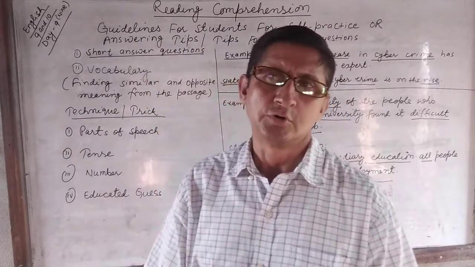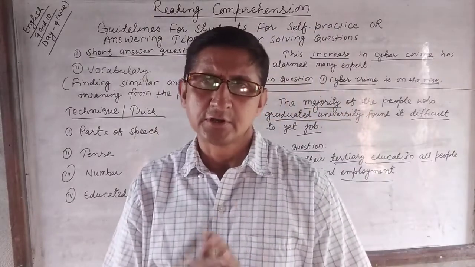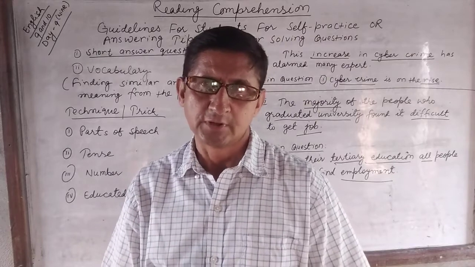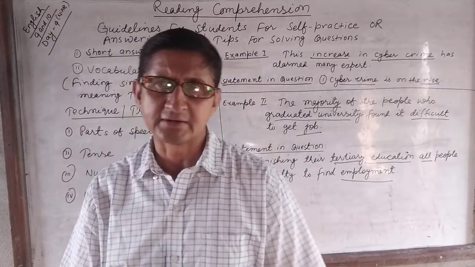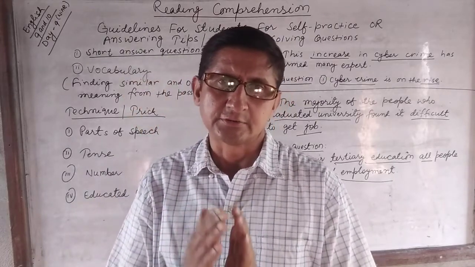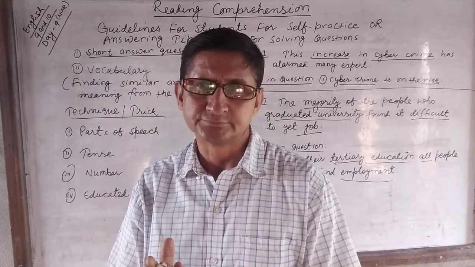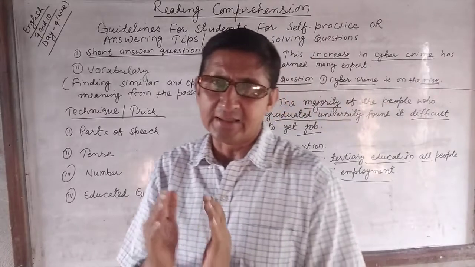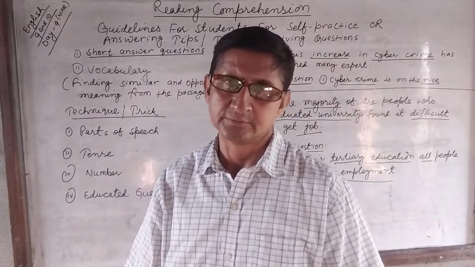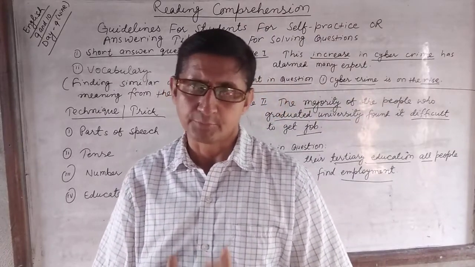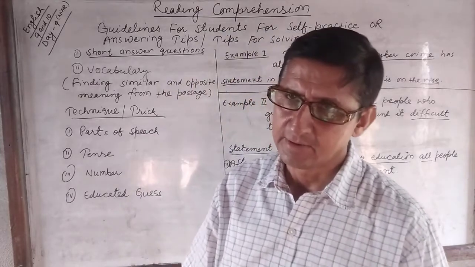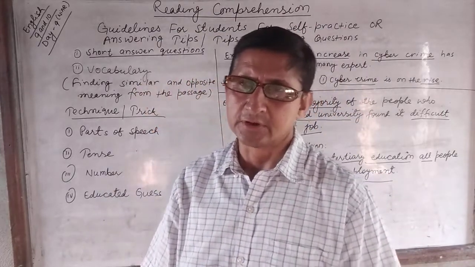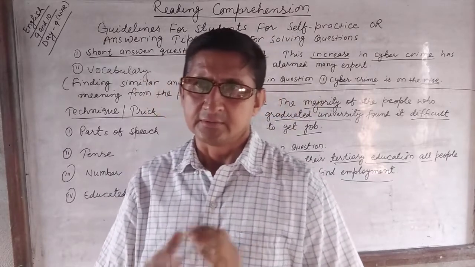You should know which part of speech the word belongs to. You know there are 8 parts of speech. They are noun, pronoun, adjective, adverb, verb, preposition, conjunction, and interjection.